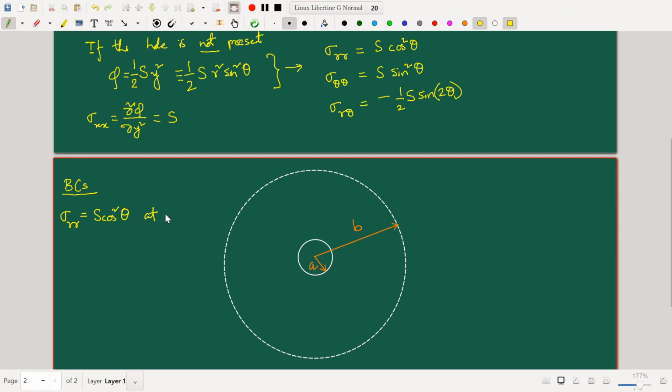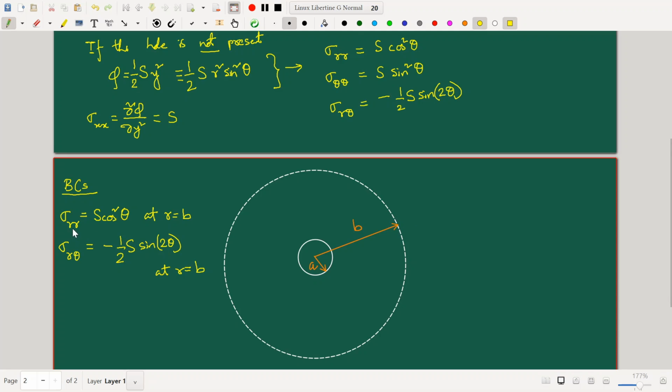This is at R equal to B. Sigma R theta is equal to minus half S sine 2 theta, again at R equal to B. So we are writing basically the traction components in the radial direction and in the tangential direction.